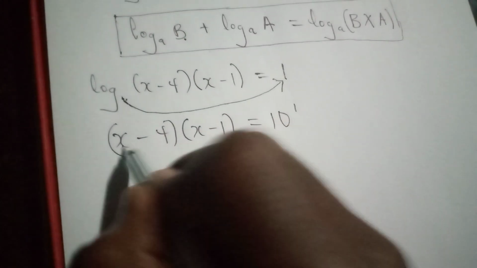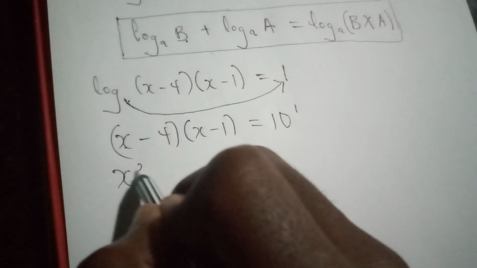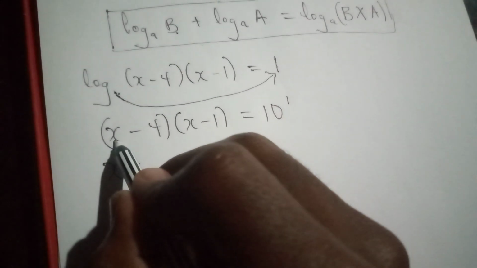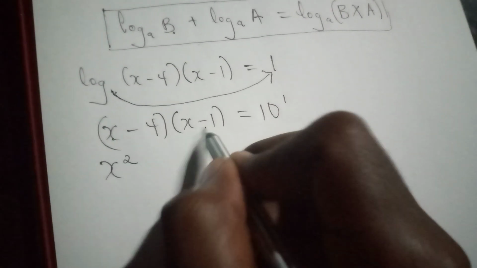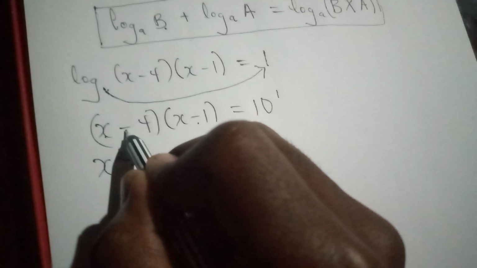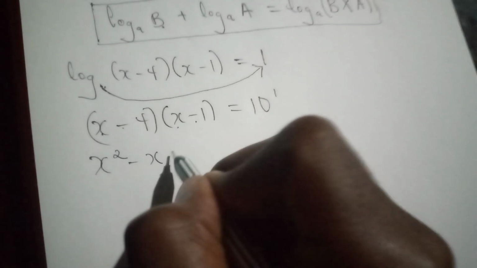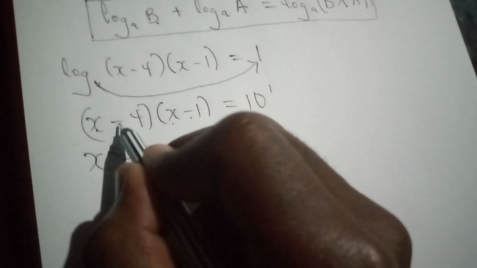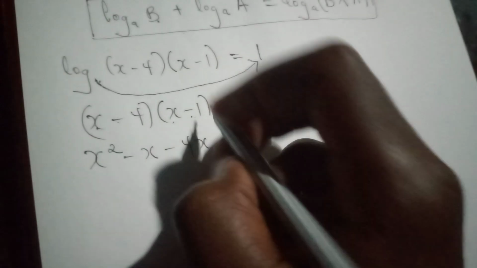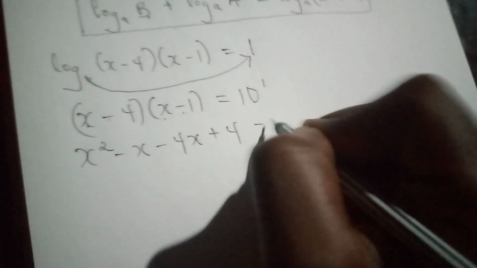So that is x square, negative x, negative 4x, positive 4 is equals to 10. So x square minus 5x plus 4 is equals to 10.